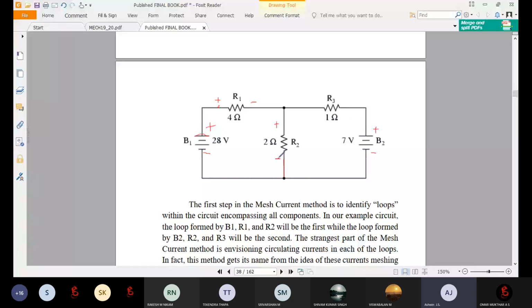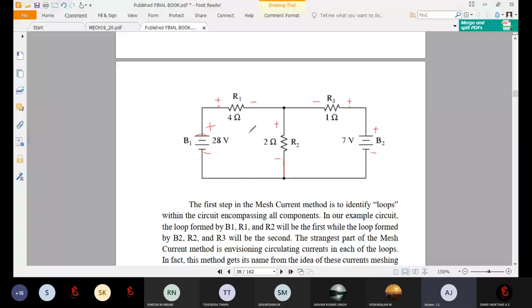And similarly for R3, which one should be positive or negative? That should be positive, sir. Positive. So if it is positive, then the other one is negative. So the first step in your analysis, if you are given any circuit, is to mark the positive and negative. Then you can write the equation very easily. Only then can we know whether to assign minus or plus for that voltage source.